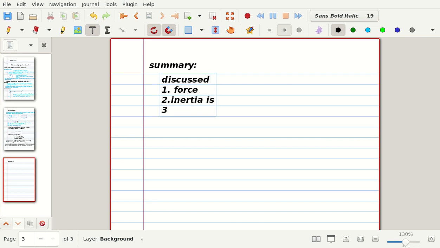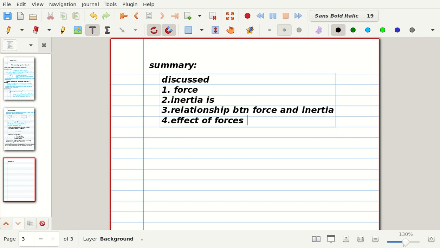We have established a relationship between force and inertia. Lastly, we have talked more on the effect of forces on a body, where we can say forces change the state of a body's rest or uniform motion. And that is it.